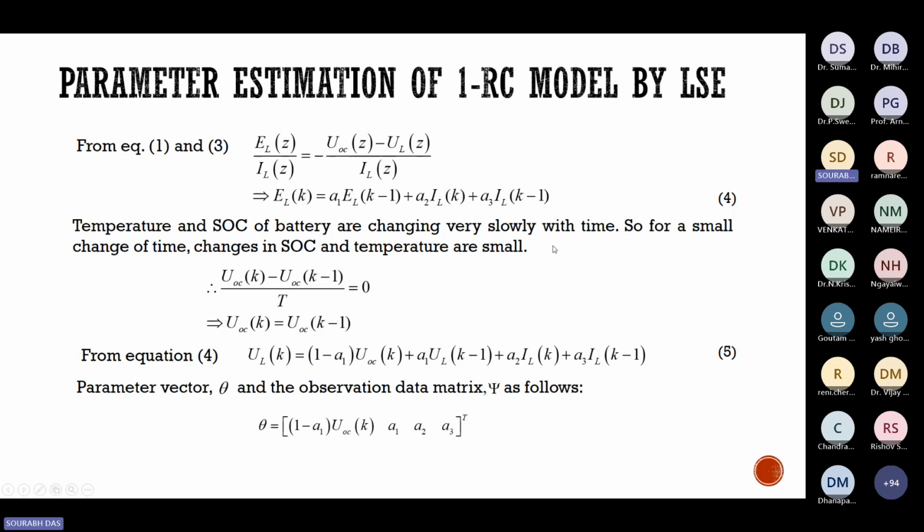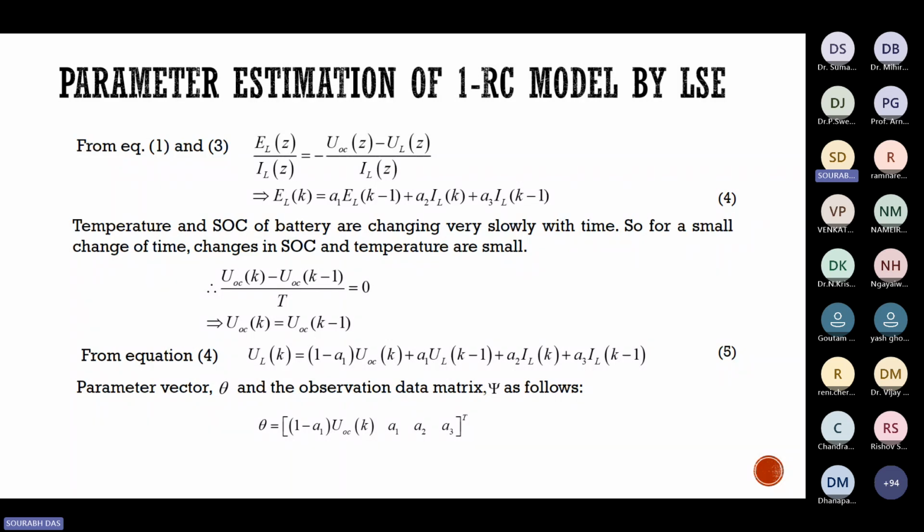So this equation number 4 again can be written as equation number 5, and here we can see the terminal voltage at instant k equal to 1 minus A1 into UOC, means OCV voltage at instant k, plus A1 into terminal voltage at instant k minus 1, plus A2 into IL at instant k, plus A3 into load current at instant k minus 1.